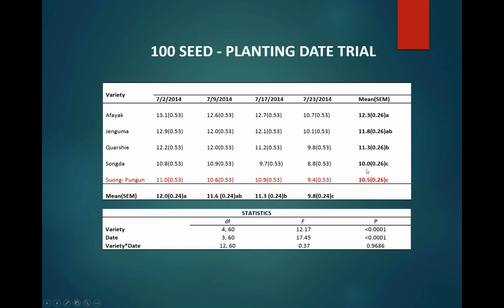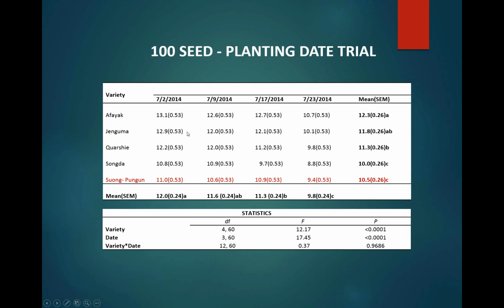For 100 seed weight, I did not see any interaction between planting date and varieties. But Apayak and Janguma came up not showing any difference, and Janguma and then Kwashi did not show any difference in terms of weight per 100 seeds.